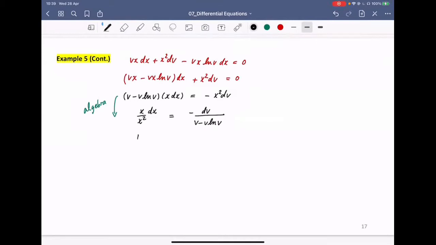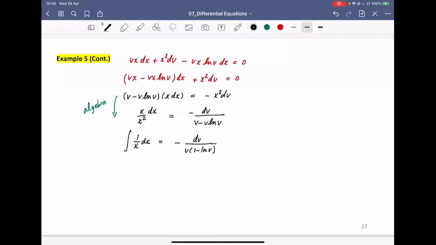Then you simplify a little bit, so you get 1 over x dx here, and negative dv over v times 1 minus log v here. You can see on the left hand side you have just a function in terms of x, and on the right hand side, just a function in terms of v.